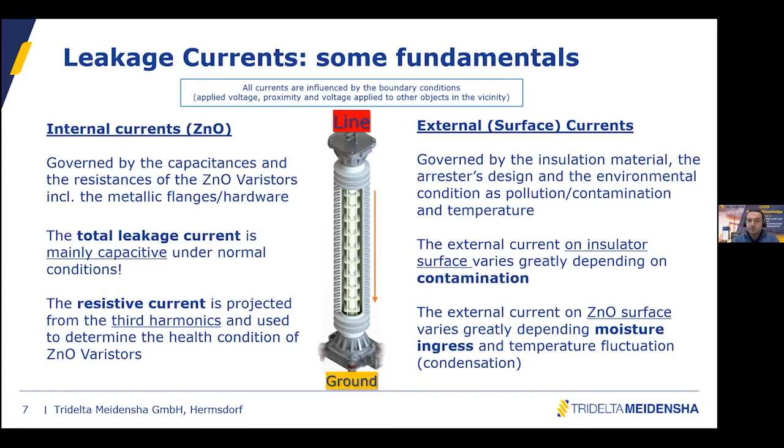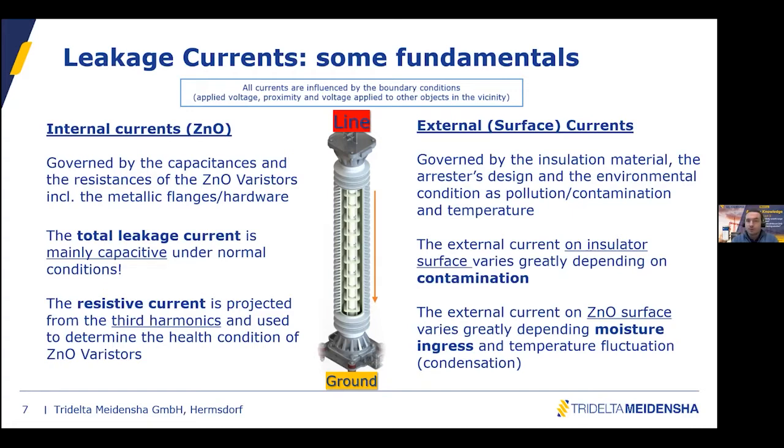Then on the right side, we have the external surface currents, which are governed by the insulation material, the arrestor design, and the environmental conditions such as pollution and temperature.